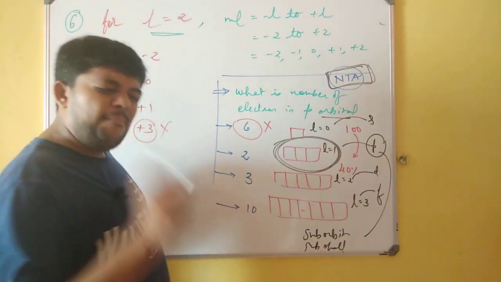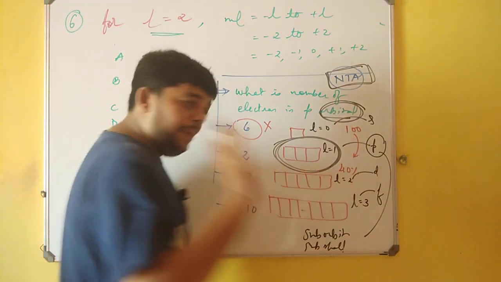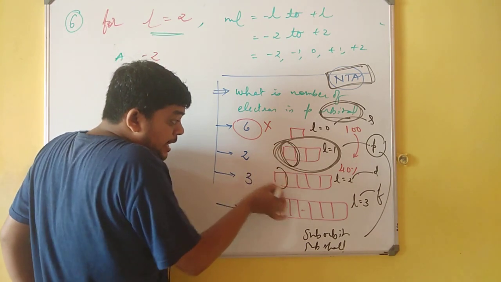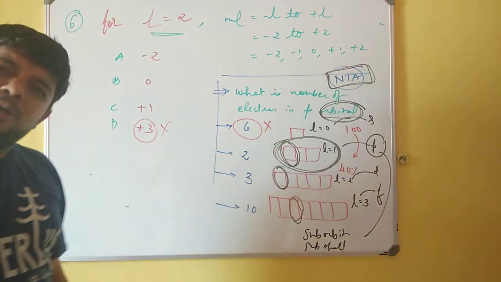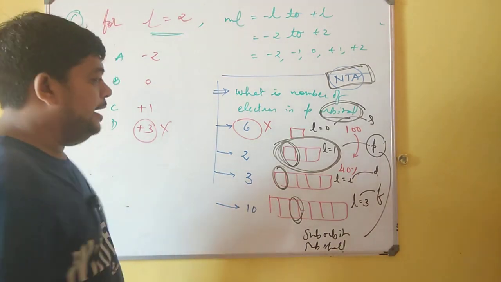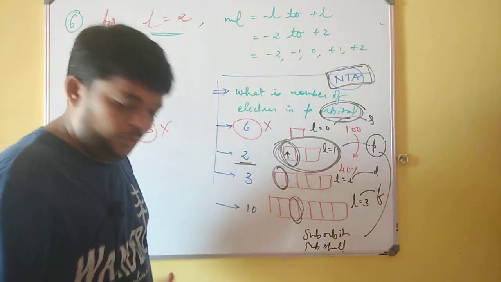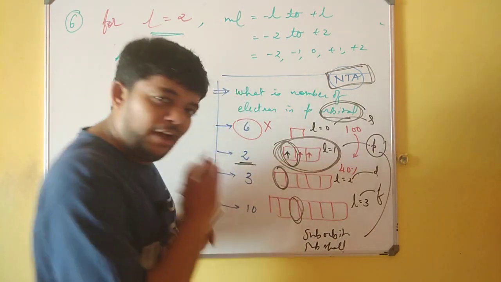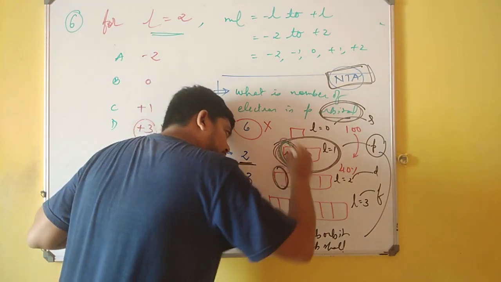But friends, remember very well that when I use this word orbital, I am just representing this one single box. It can be any random box in this series, but at a time only one orbital, and an orbital can maximum accommodate only 2 electrons. Pardon me, I will not break the rules. I will first fill half and then only I will fill 2 electrons.